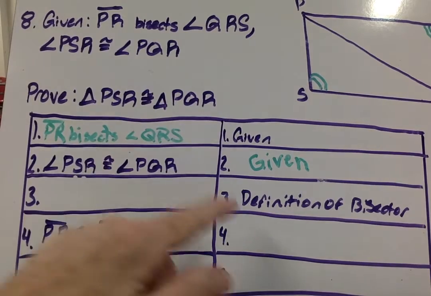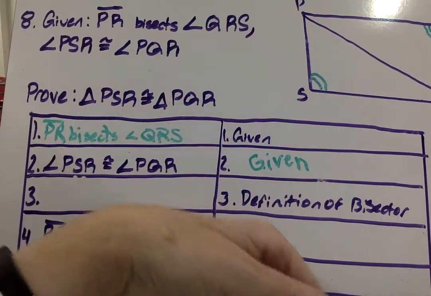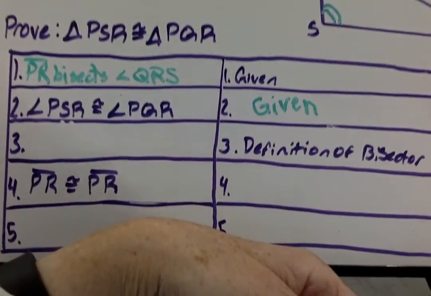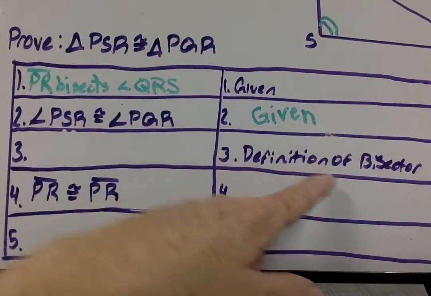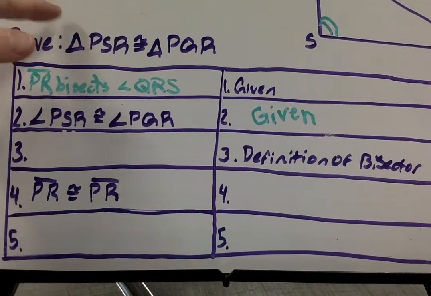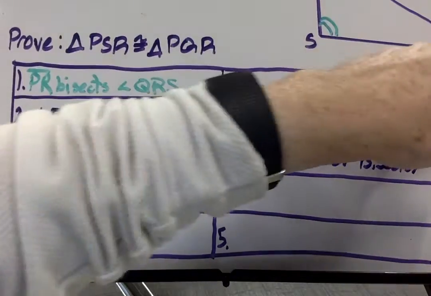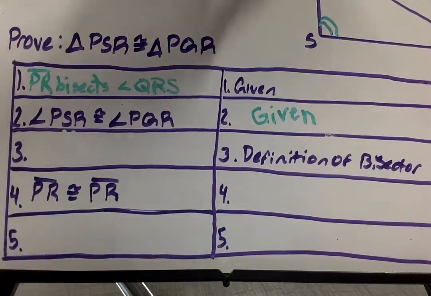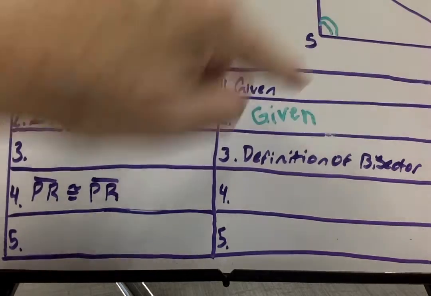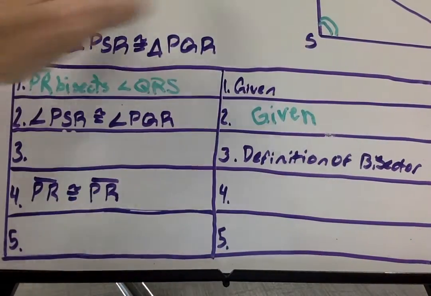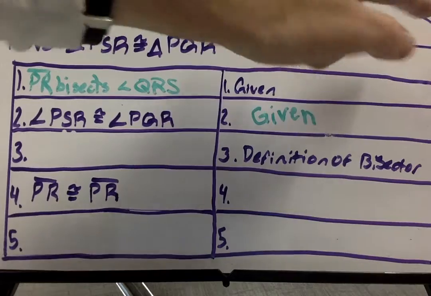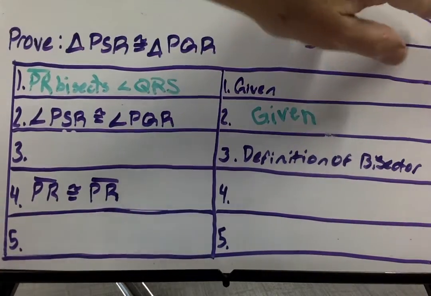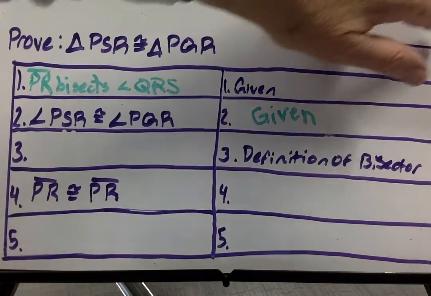Next, it tells us a reason is definition of bisector. So, definition of bisector, we know that angle PRS, this one with one arch, is congruent to PRQ right there from definition of bisector, because we know that this line bisects this bigger angle, which means it has two equal angles here.